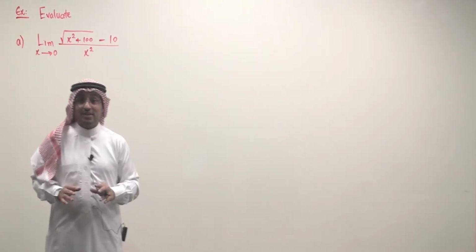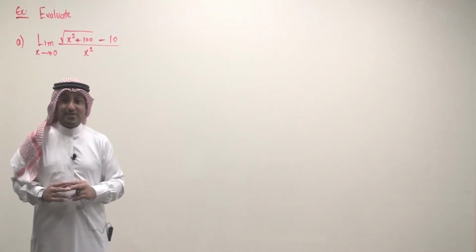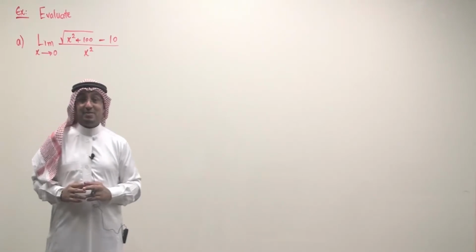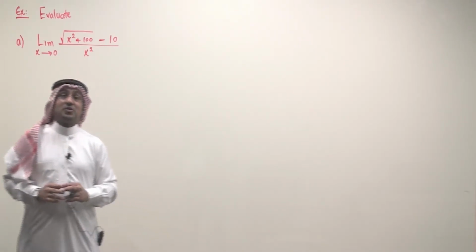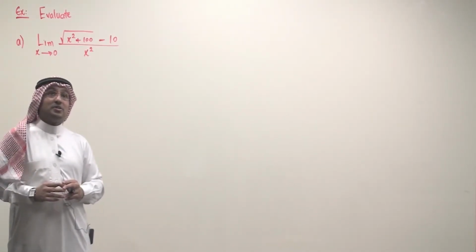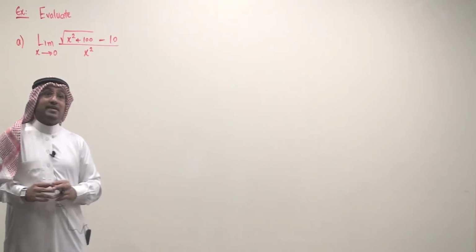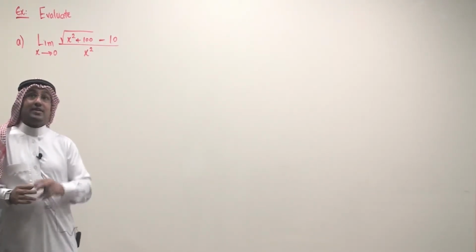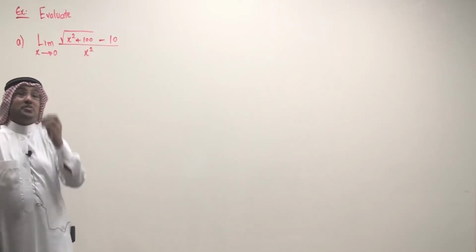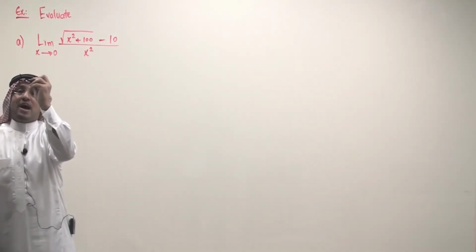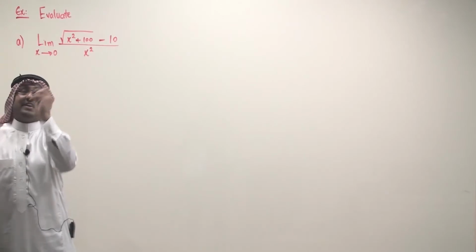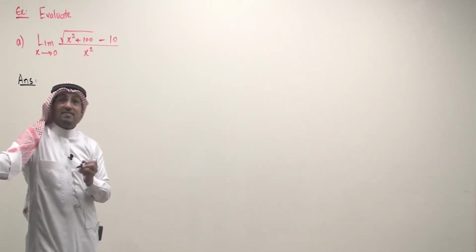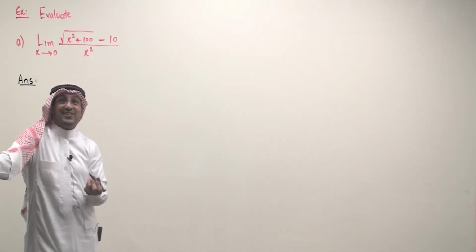to multiply by the conjugate in order to simplify the limit. So we have the limit of square root of x squared plus 100 minus 10 divided by x squared as x goes to 0. Before I multiply by the conjugate, I have to check one thing, if I need to multiply by the conjugate or not.